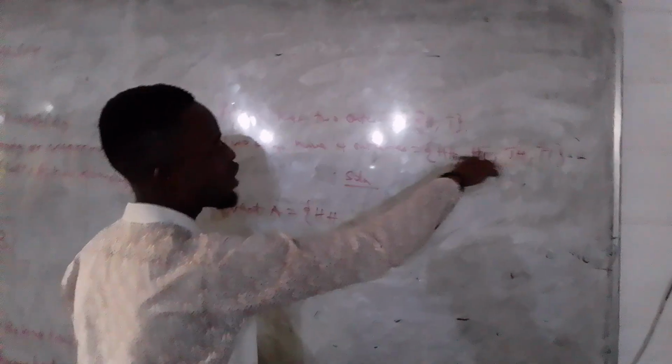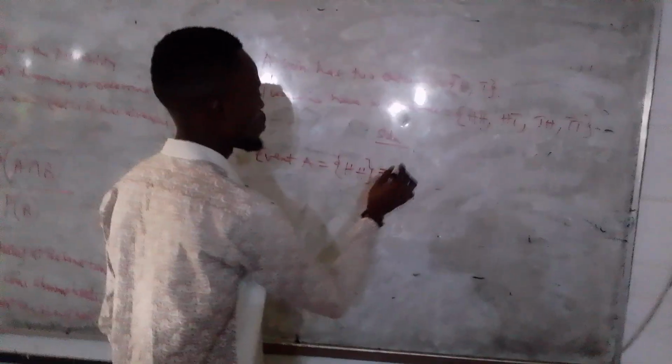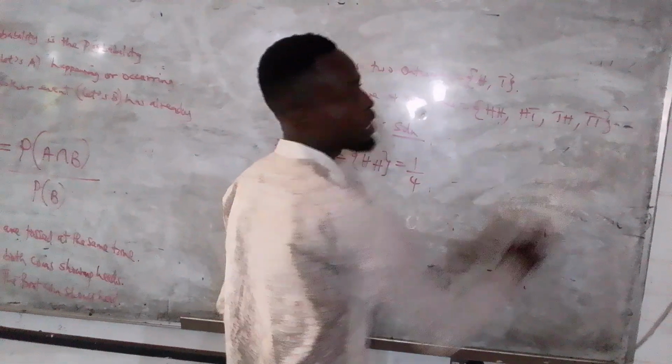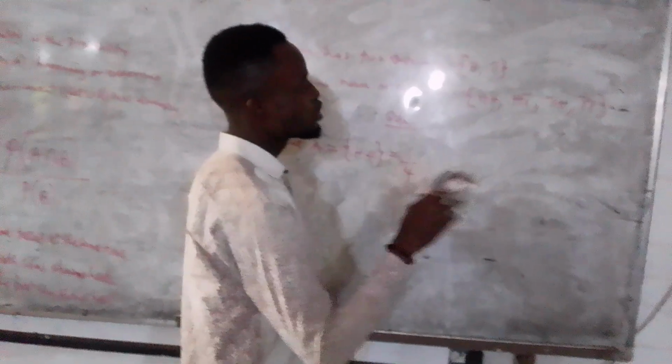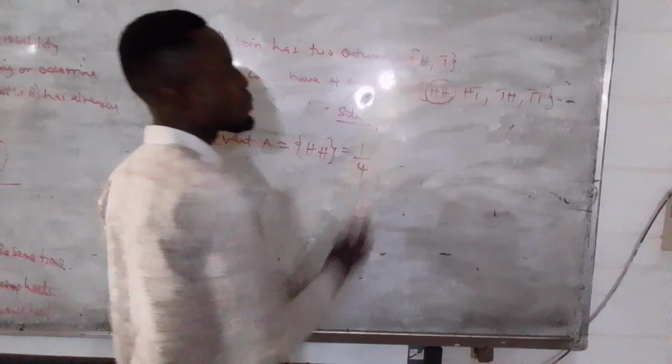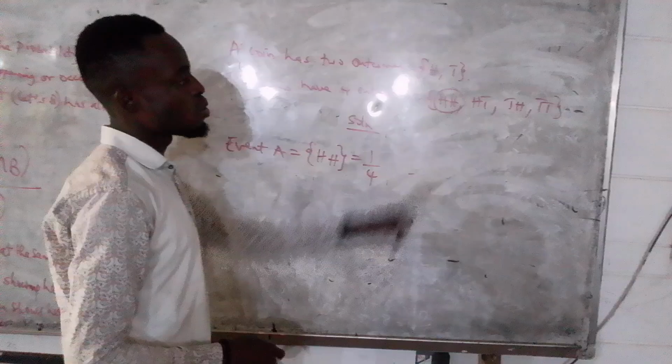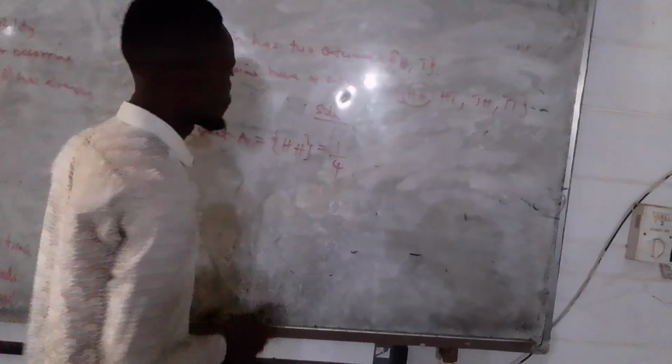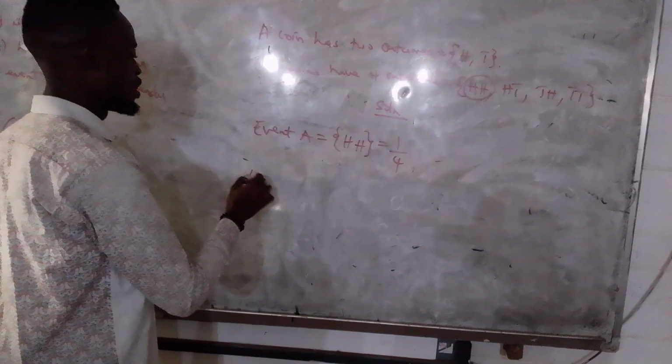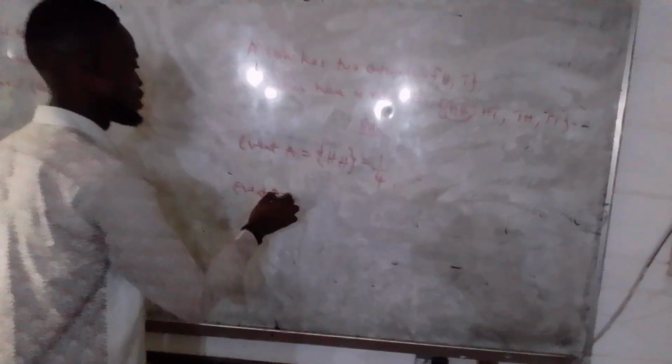Just one of four outcomes. So it's just 1/4, because we have four possible outcomes. So that's event A.